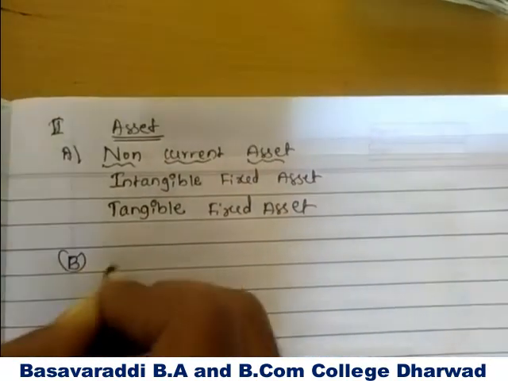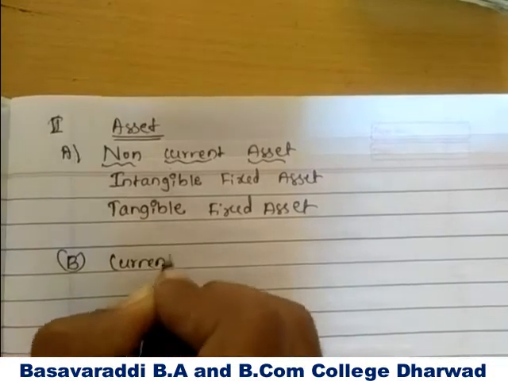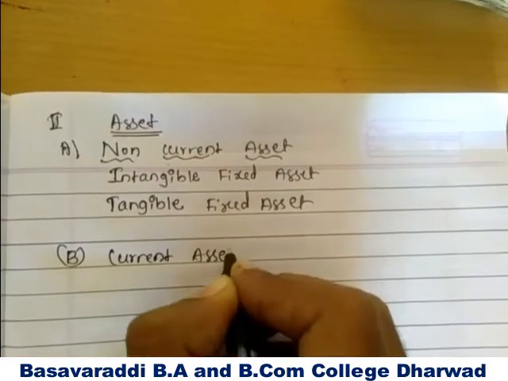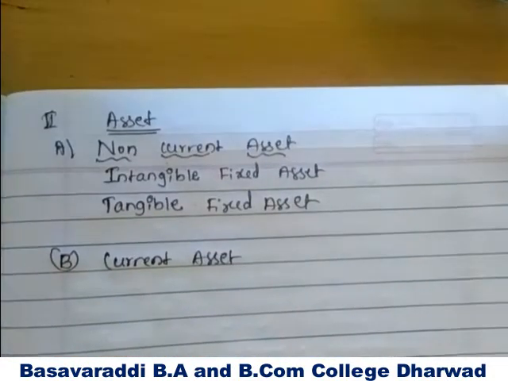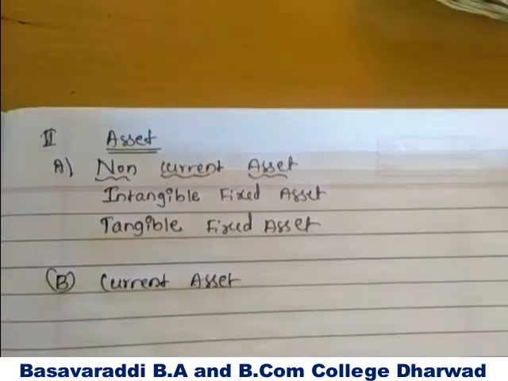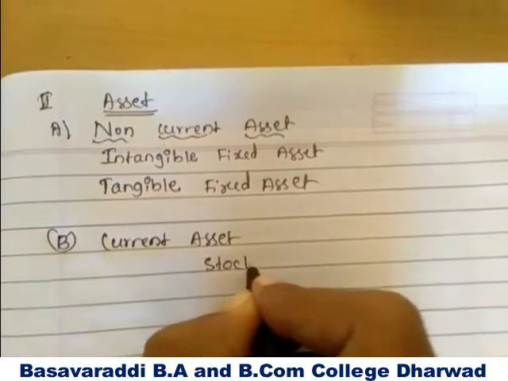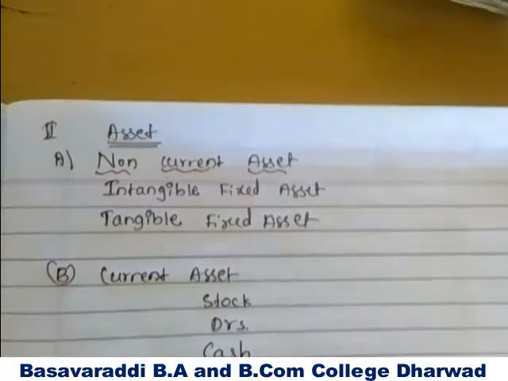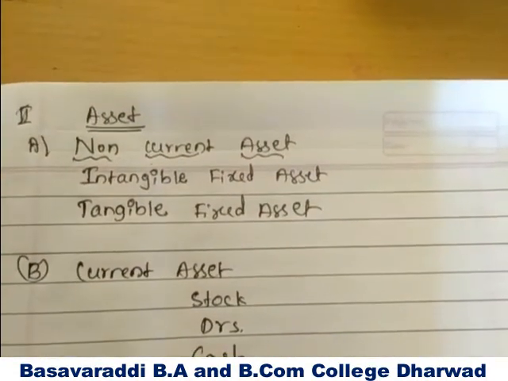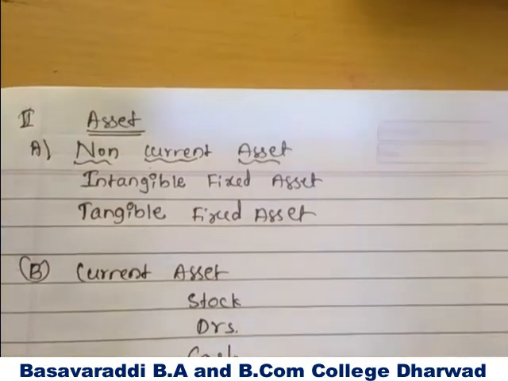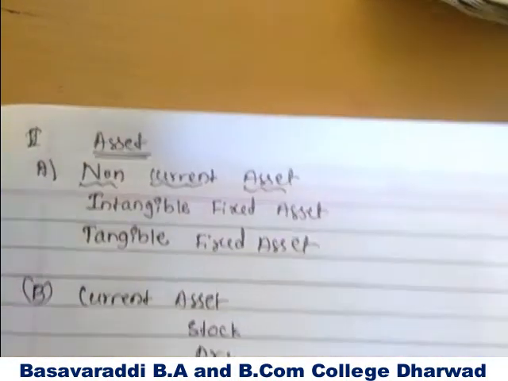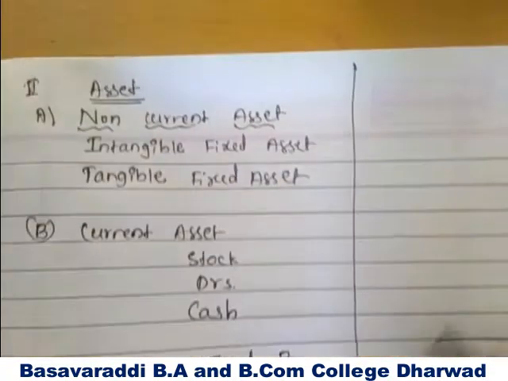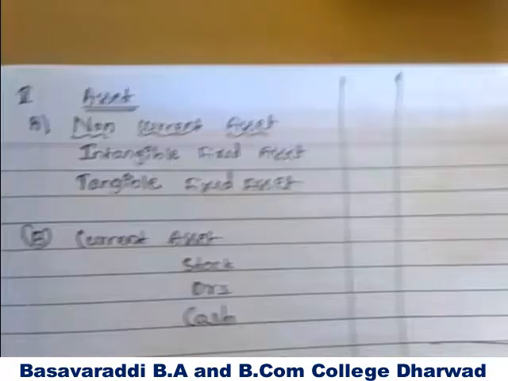B, current assets: stock, debtors, cash, and then total B. Note number and rupees.